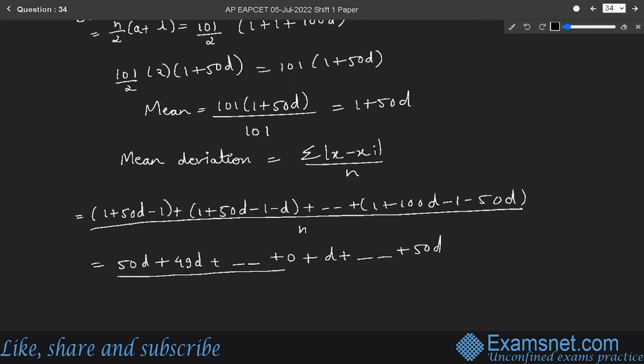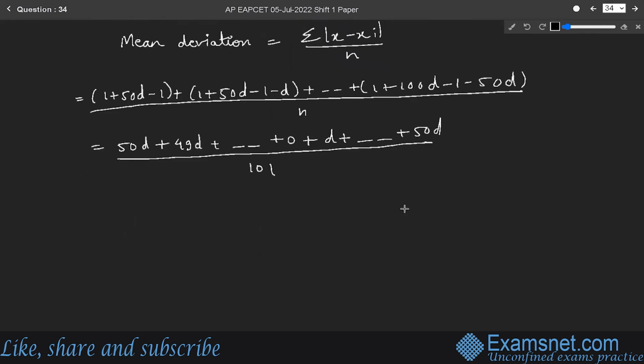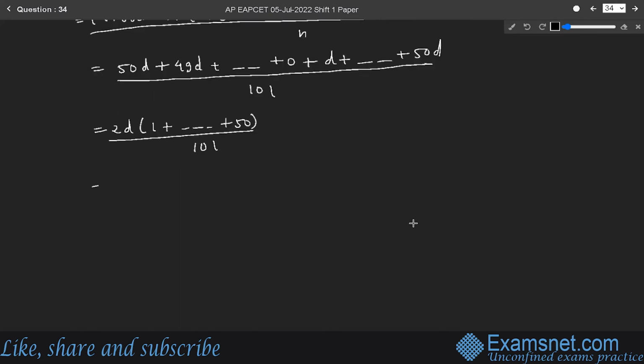We know that the number of terms is 101. On further solving, it will be equal to 2d into 1 plus so on up to 50 divided by 101, which is equal to 2d into 50 into 51 divided by 101 into 2.